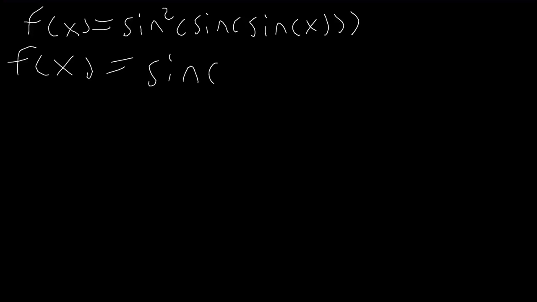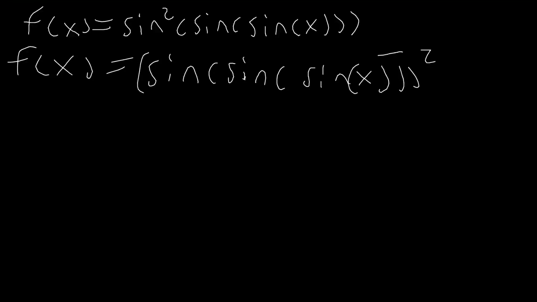So it's sine of sine of sine of x, but it's squared. Okay, because this squared will apply to right there, where it was over there, where it was earlier.